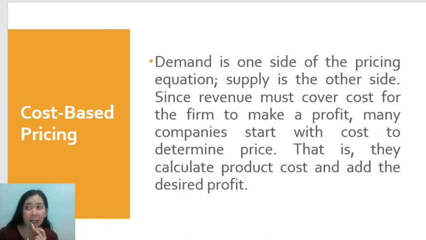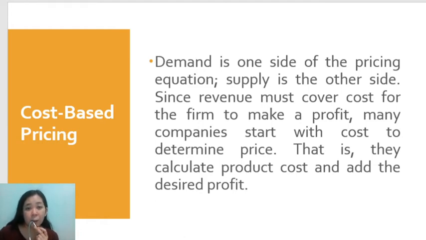Basically, the manufacturers and sellers determine their cost of goods sold, or cost of sales, or cost to manufacture, or all costs and expenses related to the production and sales of the product.